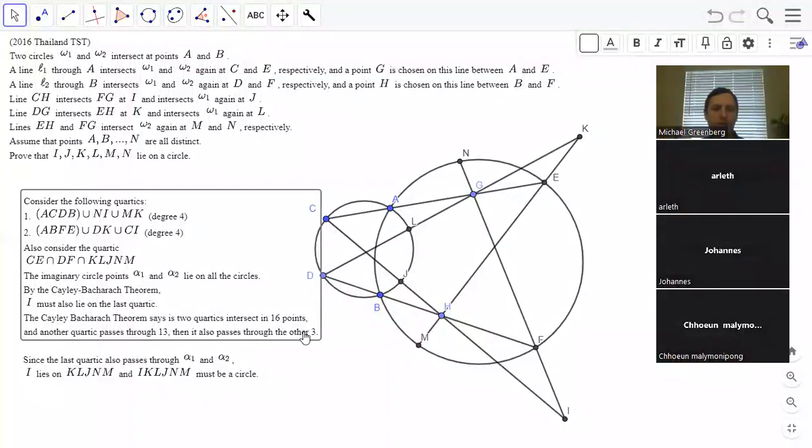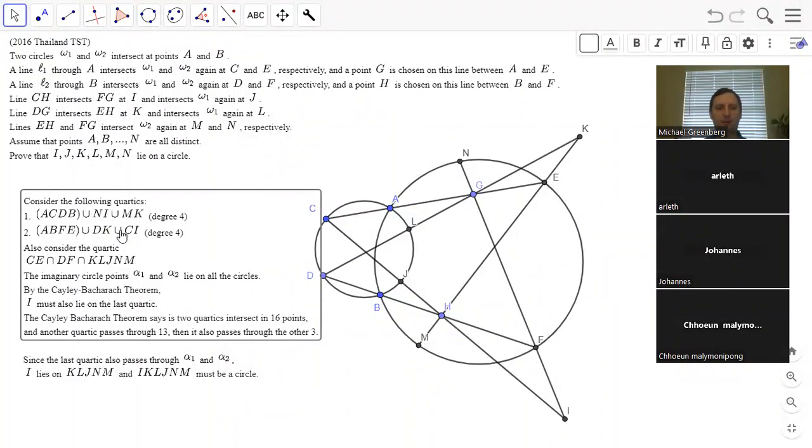Well, because it has to pass through the other three, but we're saying it passes through 13 of the intersection points. Okay, so we know these. There's only 9 points there. You only wrote down 9 points, but it also goes through A, G, B, and H. Line CE is just 4 points, but it looks like only 9 points when you write it down like that.